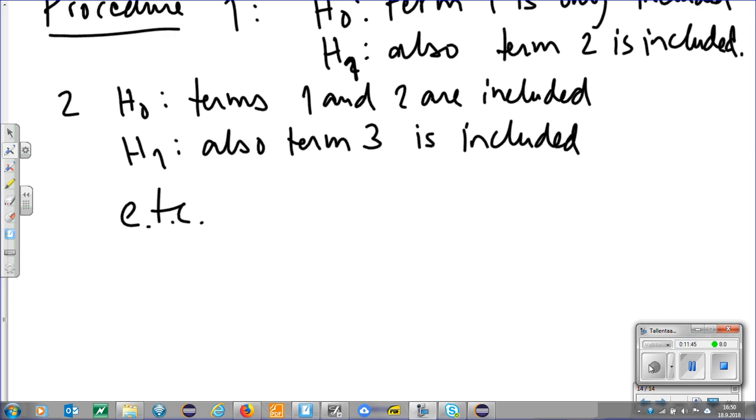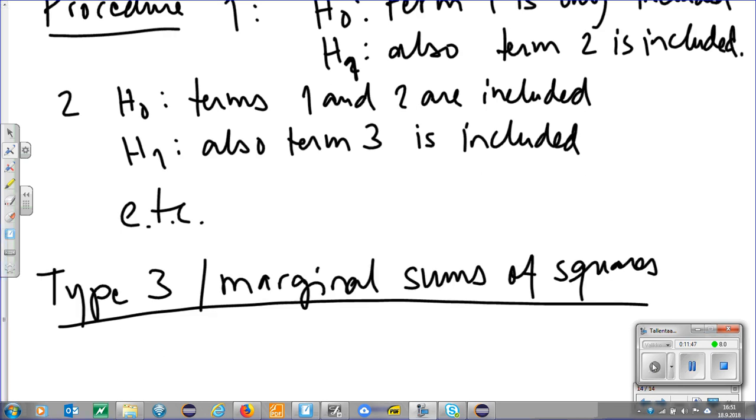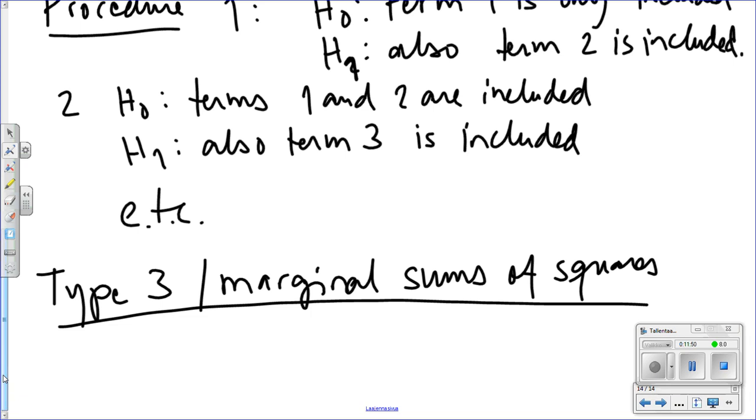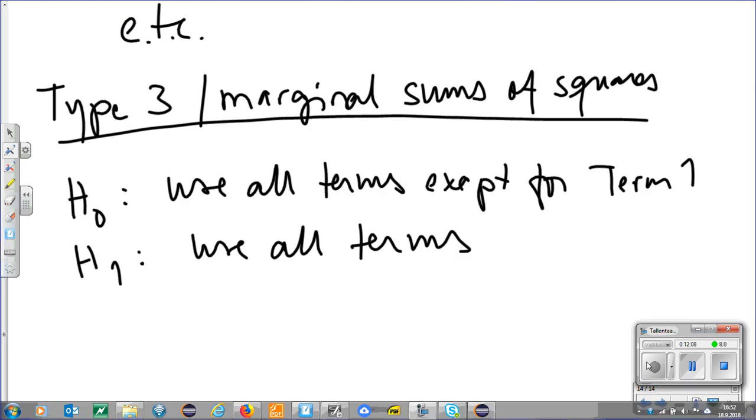In the type 3 tests, which is also called marginal sum of squares, we follow a different procedure. Again, each term refers to one predictor regardless of the number of categories in a categorical predictor. So the first test is based on the null hypothesis where the first term is dropped from the model, but all other terms are kept, and the full model includes all terms that are included in the model.